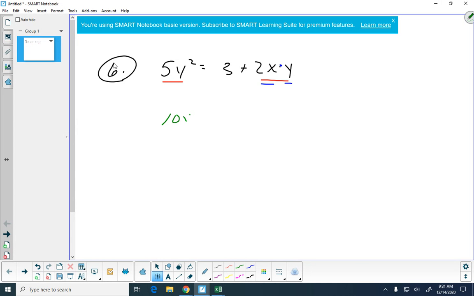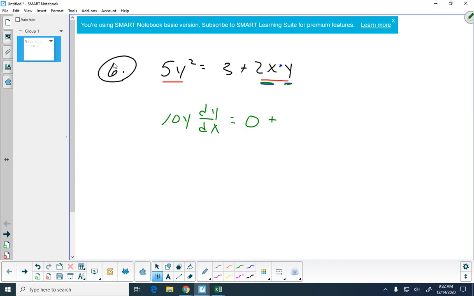10y dy dx. dy dx is equal to, now we have the derivative of the constant, which is going to give me 0, plus then we have to deal with this product rule. So we have the derivative of the first times the second, plus the first times the derivative of the second. So running this through the product rule, Ozzy, what do we have?